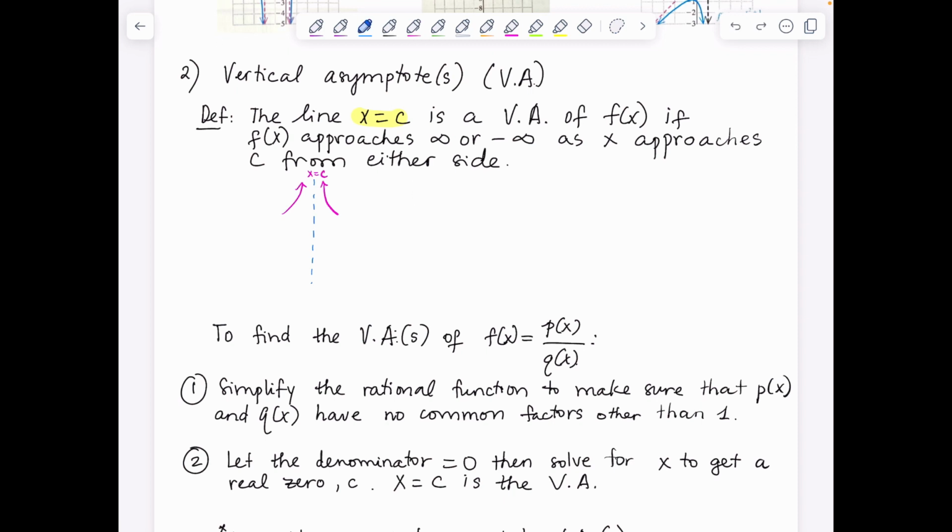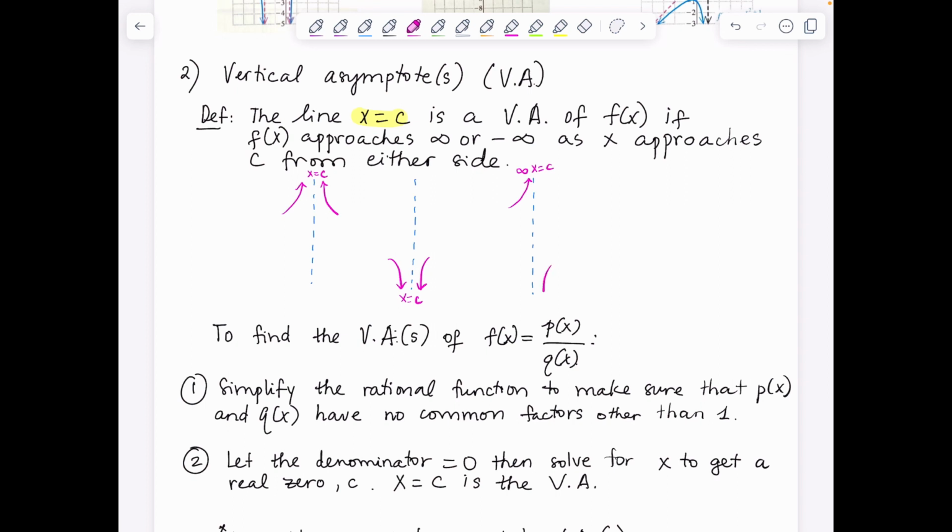The next scenario, so we have this vertical asymptote. The function can also behave this way, where the function goes down to negative infinity as x approaches, again, the value c. The third scenario is where the curve would approach that vertical line from the left. And so in this case, the function is going up to positive infinity as x approaches c from the left.